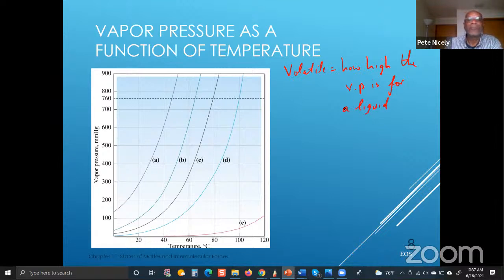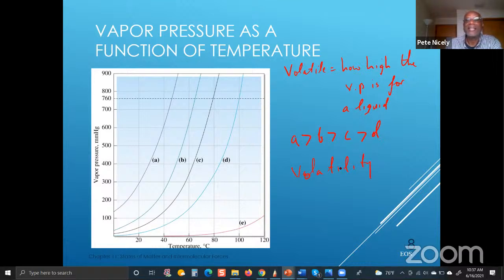All right. So basically, we can say that A is more volatile than B, which is more volatile than C, which is more volatile than D in terms of volatility.